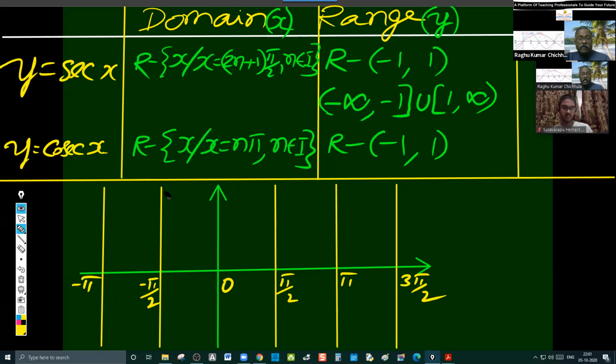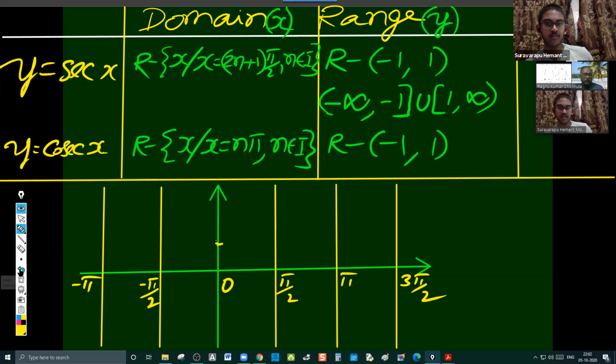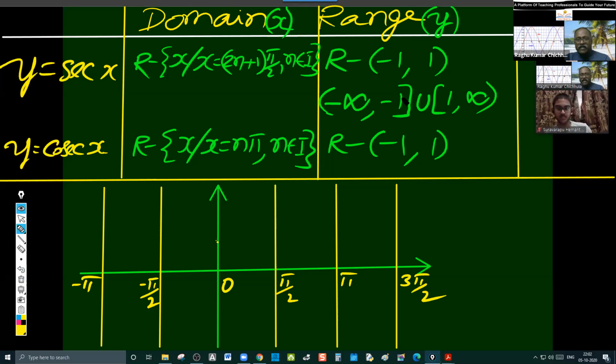Now, you tell me the range of secant x and cosecant x, please. Range of secant x is R minus of minus 1 comma 1. So this is to be opened because it accepts. We are subtracting it here, so we have to open it.